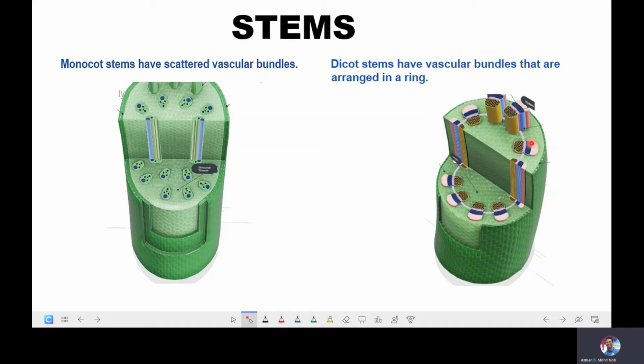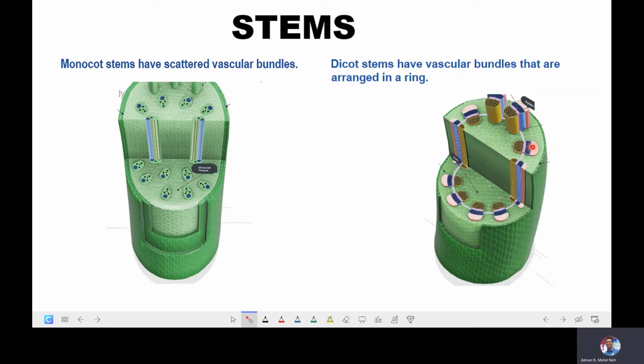This is one vascular bundle, in which we can see down here will be the xylem. The xylem has larger cylindrical structures.